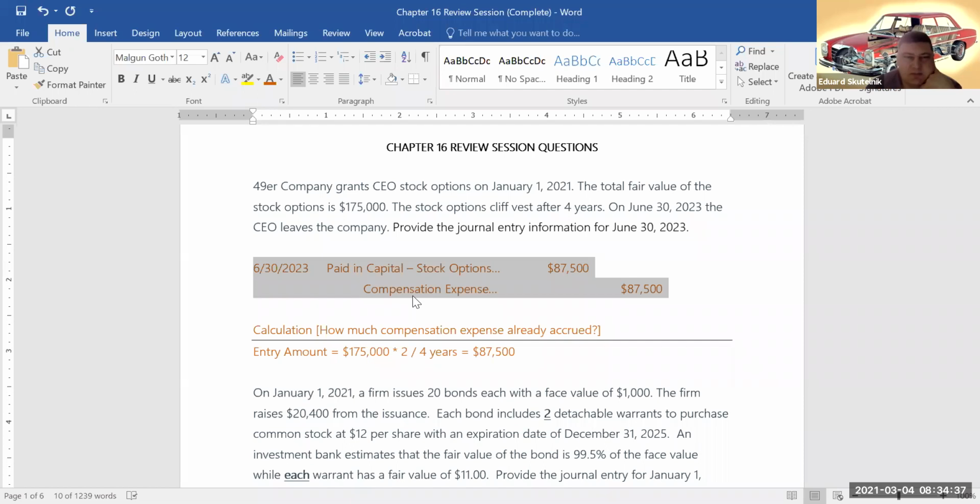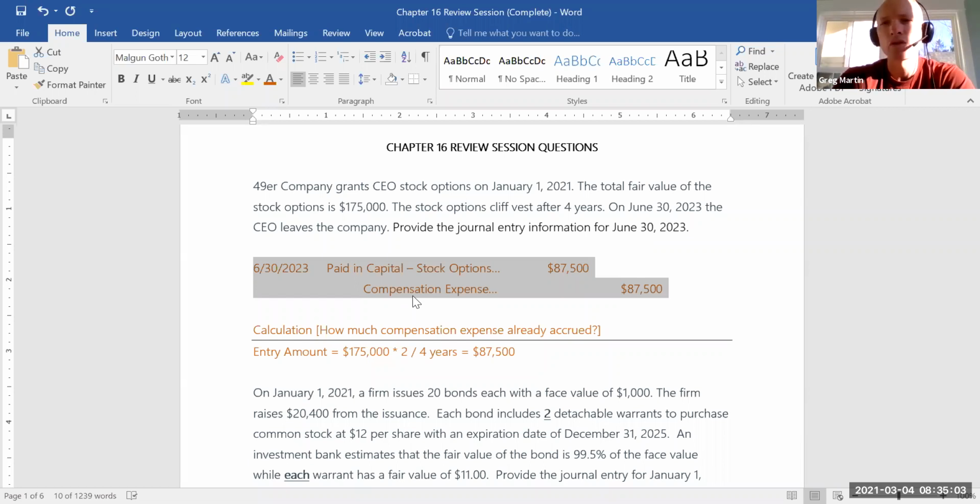I got a question. Sure. It started in January of 21 and ended in June. Isn't that 2.5 years? Again, we have to imagine what entries have been made. While it is 2.5 years, they would not have made any journal entries between January 1st, 2023 and June 30th, 2023.